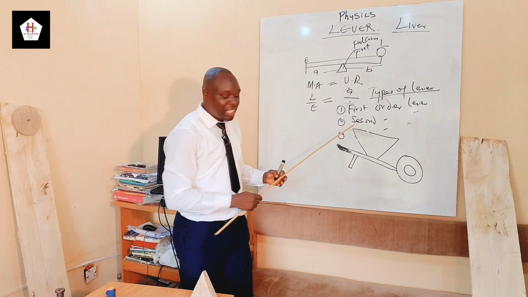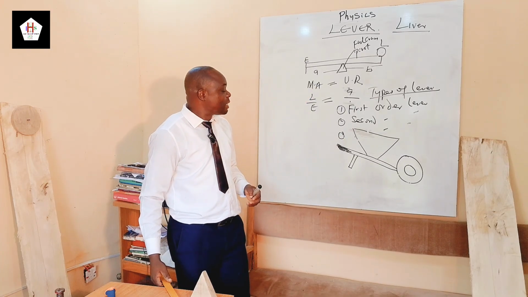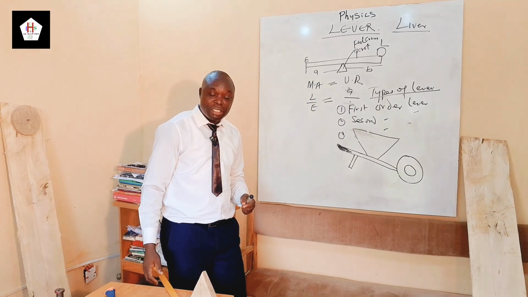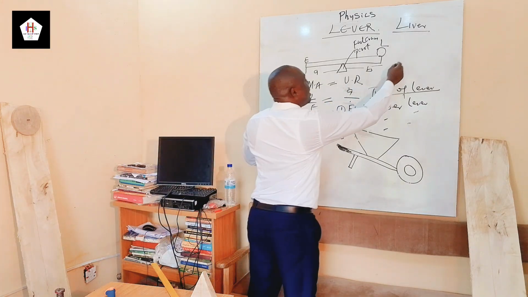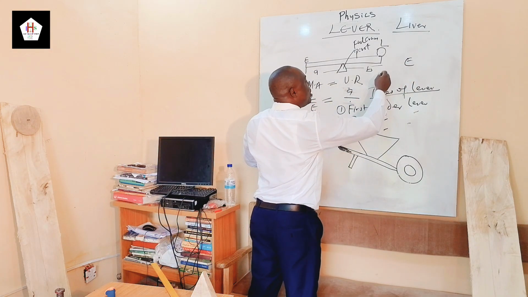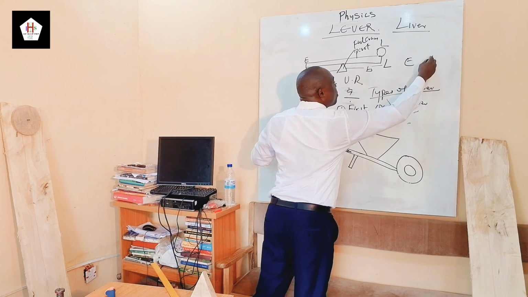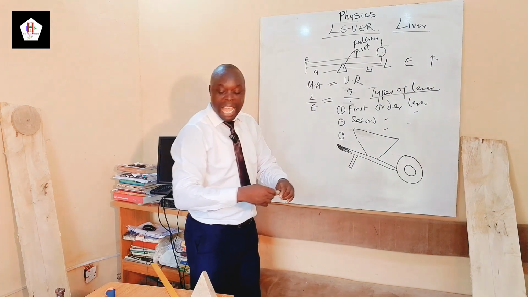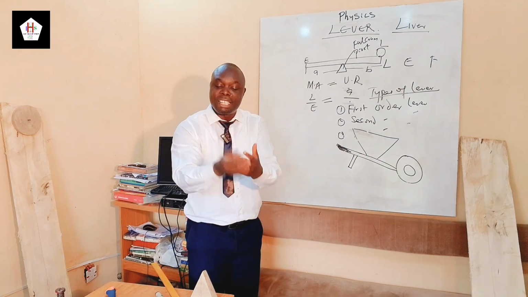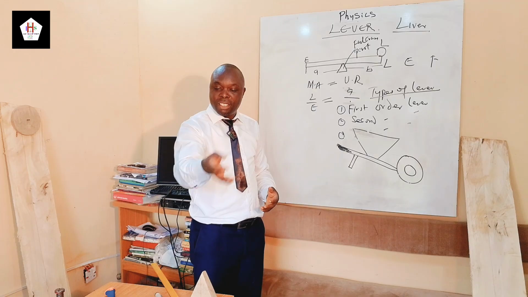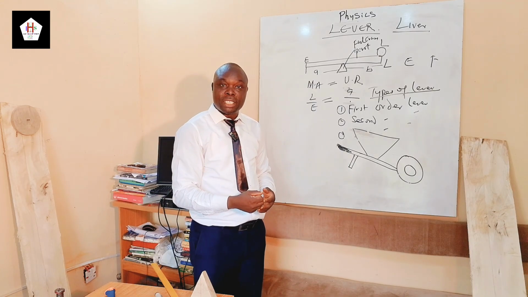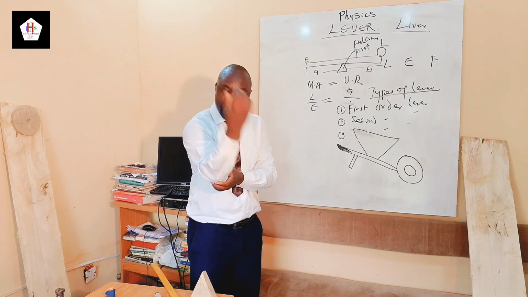Now let's go to third order lever. Third order lever is where the effort comes between the load and the fulcrum. Do you know that your hand, this hand, is a simple machine? Which part rotates now? In your hand, here it rotates.